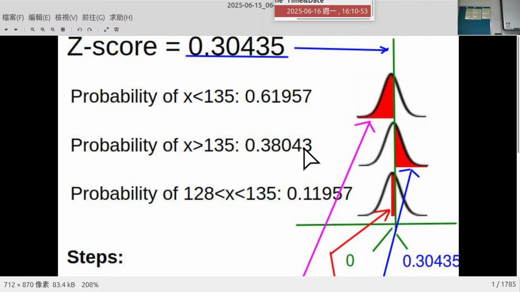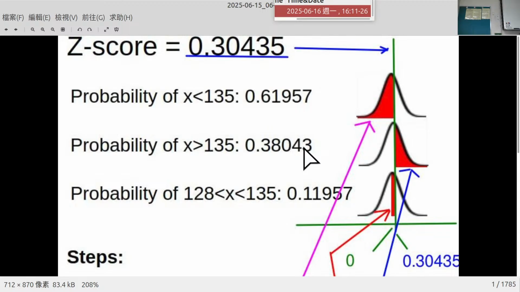As long as your data, for example blood pressure, can be normalized into a normal distribution, it is a bell-shaped distribution, and the center is the mean. From the mean it is symmetric. This score is a location, for example a height, a body weight, or a blood pressure of 135.